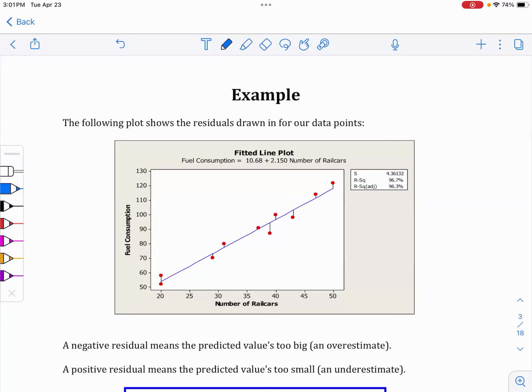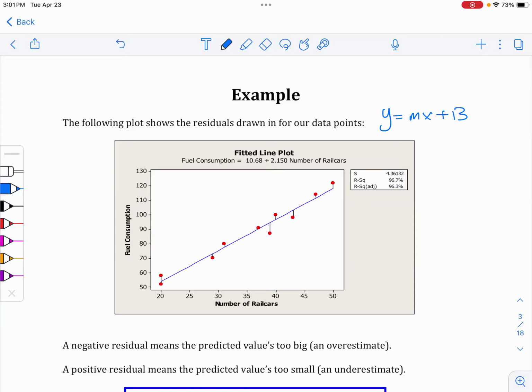The equation of a line you should be familiar with. Y equals mx plus b. All that algebra that you learned, here's where it's finally useful. Now notice that StatCrunch writes it like this: fuel consumption equals the intercept, the b value, plus the slope times num rail cars.